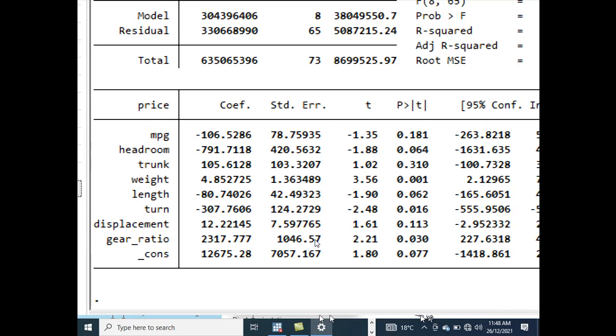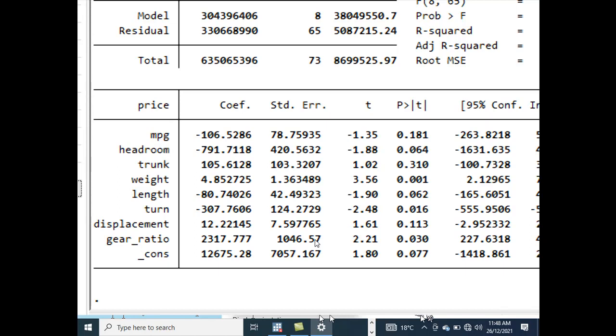So what does this plus 4.85 mean? Corresponding to a 1 unit increase in weight, for example 1 additional pound in the weight of the car, the price of the car increases by this much.